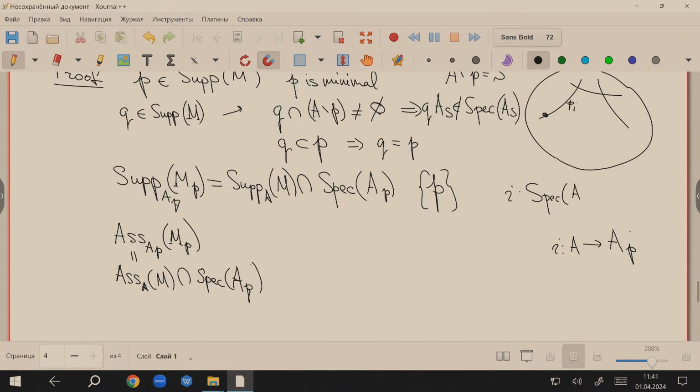So let us denote it by the same letter, or by I sharp. So I shall just write like this, to emphasize that this is a subset of the spectrum of A.